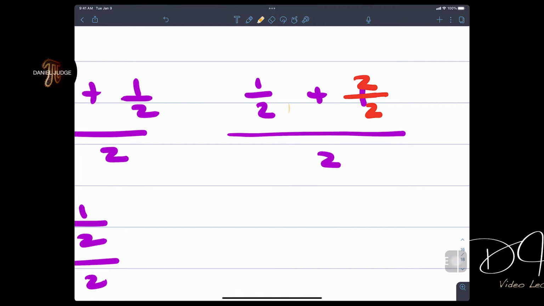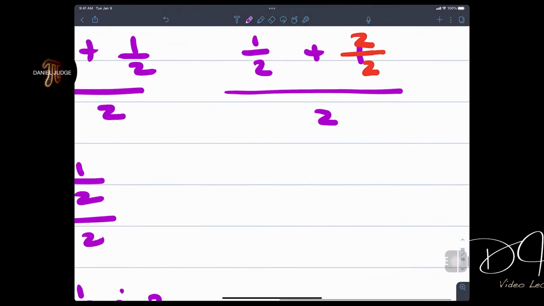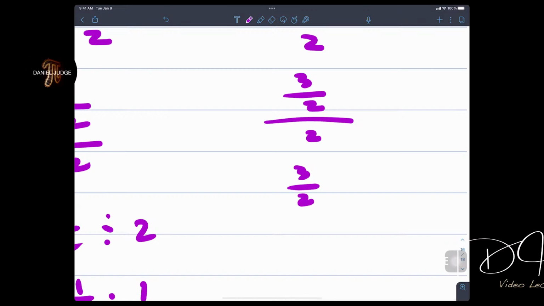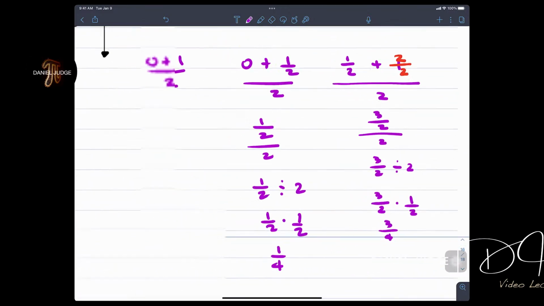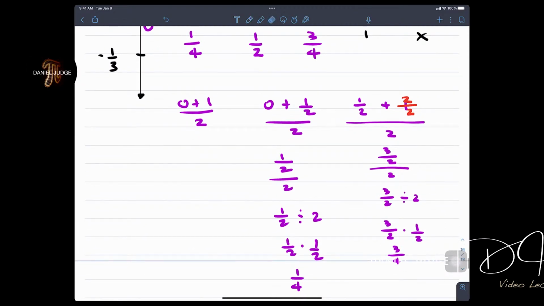So when you do the arithmetic, we get 1 plus 2, this is going to be 3/2 divided by 2, which is 3/2 times 1/2, better known as 3/4. There we go. And there it is, ladies and gentlemen.